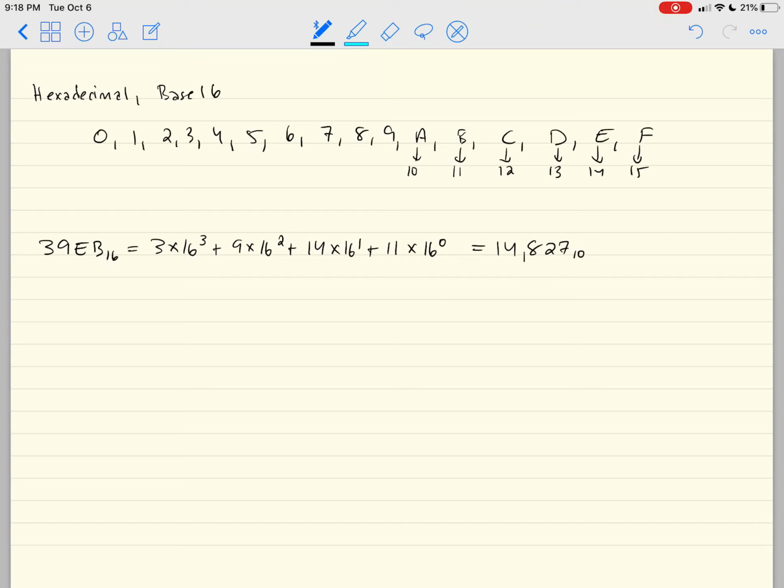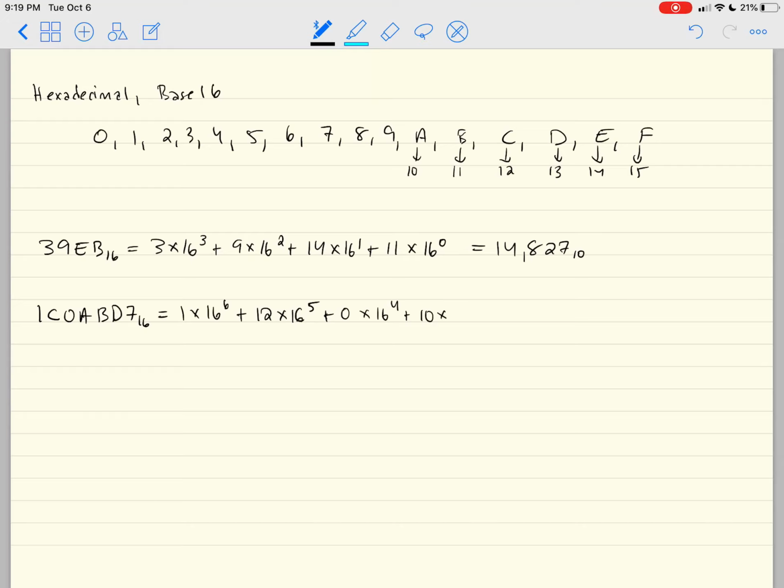All right, one more practice. 1C, 0A, B, D, 7, base 16. So I start by counting how many digits I have. There are 7 of them. That tells me that my first power of 16 will be 6. So 1 times 16 to the 6. C, which is 12, times 16 to the 5. 0 times 16 to the 4.